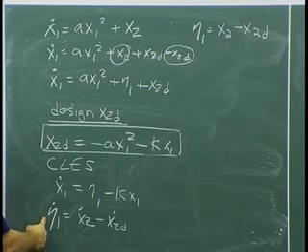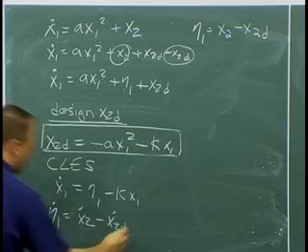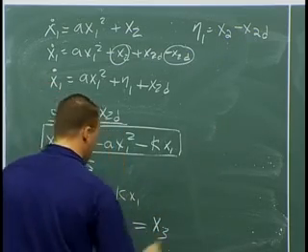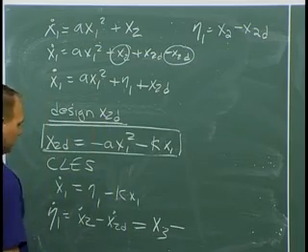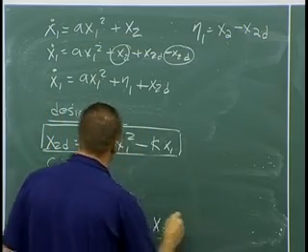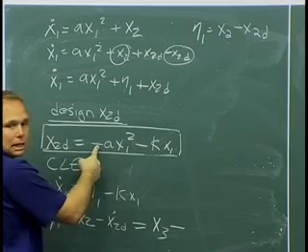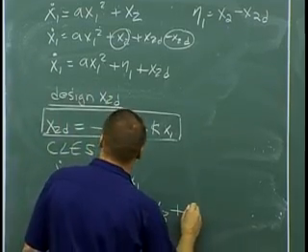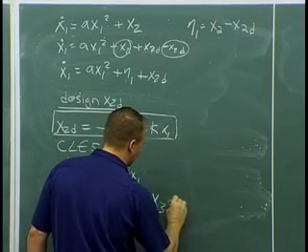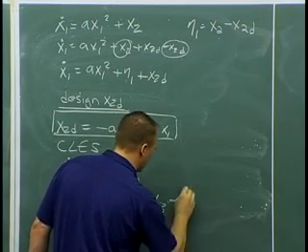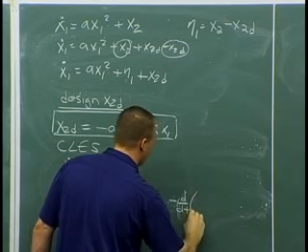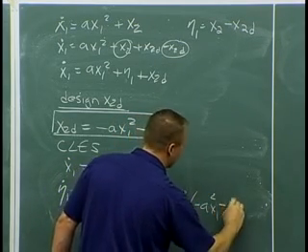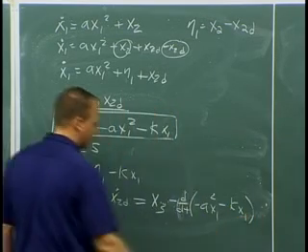A to 1 dot is equal to x2 dot minus x2d. Okay, x2 dot was equal to x3 minus x2d dot. Minus the derivative of minus a x1 squared minus k x1.